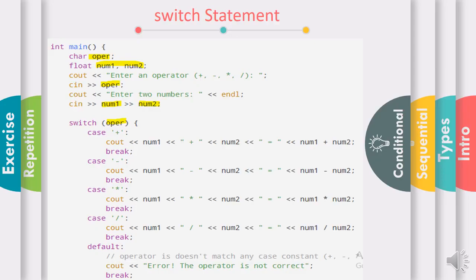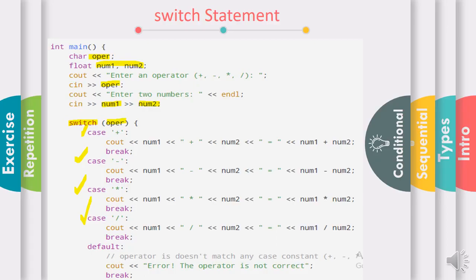We have used the reserved word switch, and in this switch statement we have passed the variable OPER. Now, we have mentioned 4 cases for addition, subtraction, multiplication and division. What will happen if the user enters the plus operator?